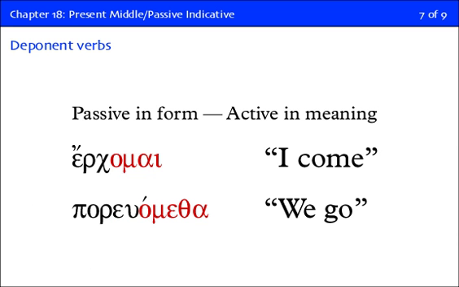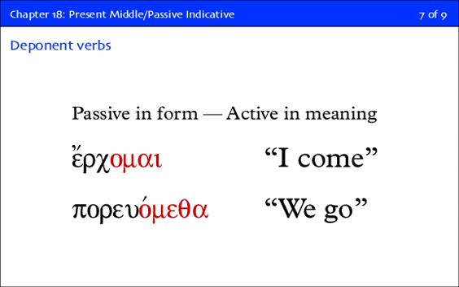In this chapter, we're also going to learn something called deponent verbs. Now, these are very simple. Deponent verbs are verbs that are passive in their form, but are active in their meaning. In other words, these are words that for one reason or another lost their active form, and so their passive form had to be used even though the verb is always active in its meaning.